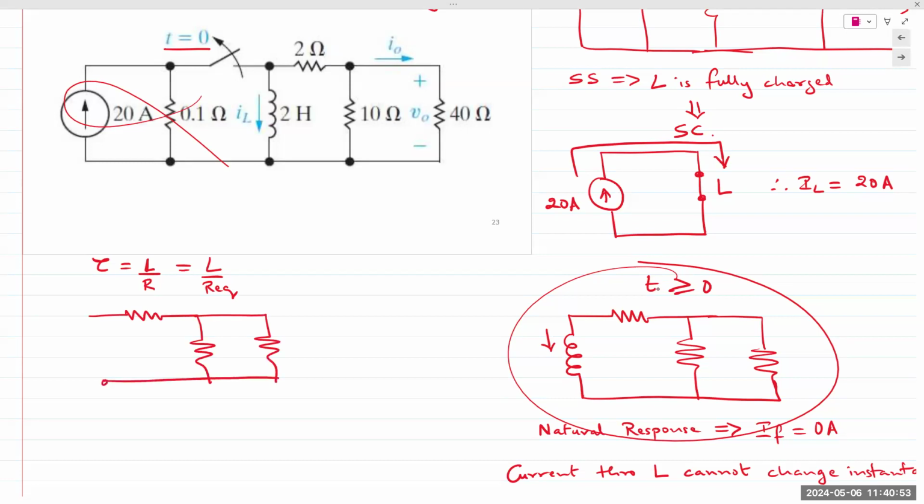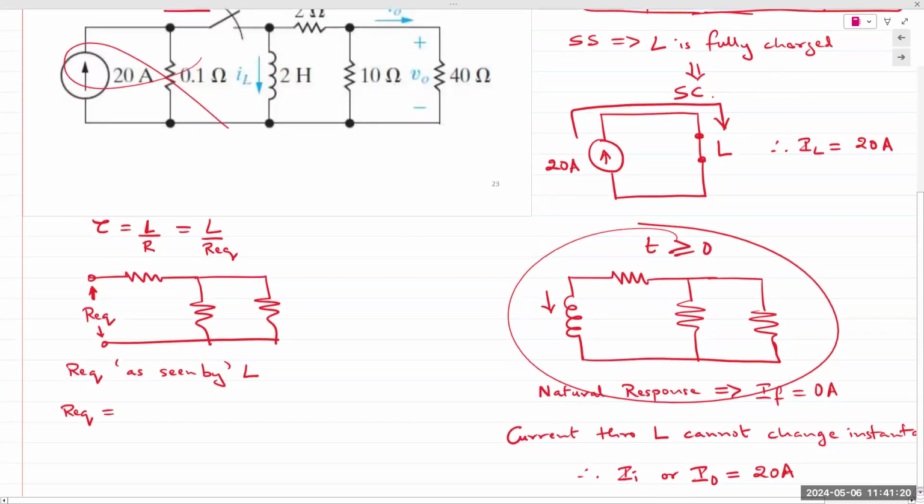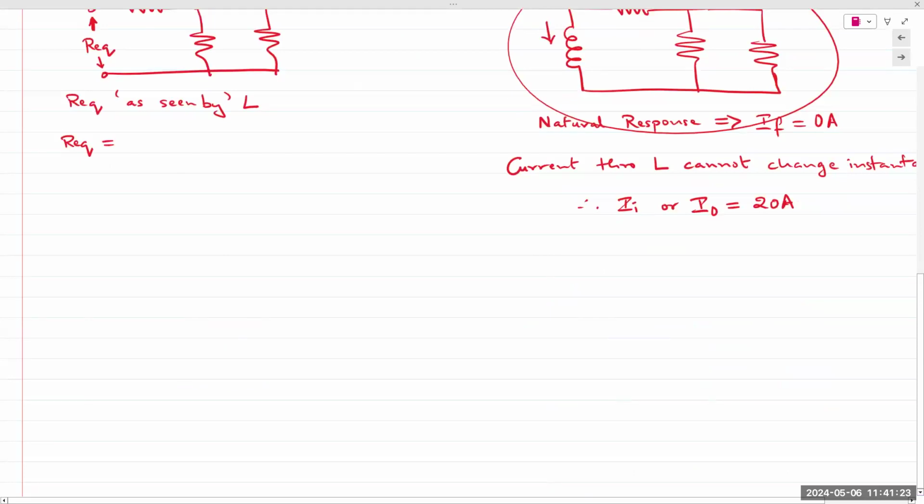When you read the words "as seen by," if you remember, you remove the inductor from your analysis and you find Req as seen by inductor L, which is, if you look at the far right of the circuit, 40 ohms in parallel to 10 plus 2 gives you 10 ohms.